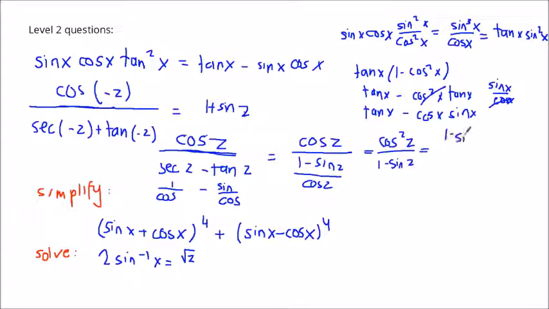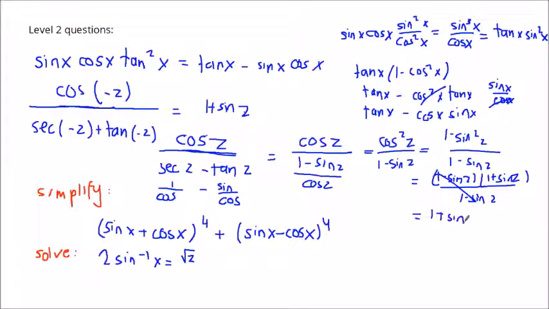So we'll do the 1 minus sine squared z over 1 minus sine z. And then this is equal to, well, difference of squares, 1 minus sine z, 1 plus sine z over 1 minus sine z. And then these cross over, 1 plus sine z. That's the correct answer.